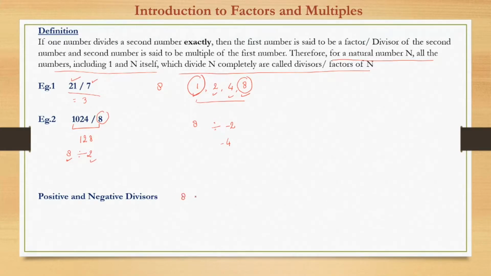In case of 8, we saw factors were 1, 2, 4 and 8. Similarly, there can be factors like minus 1, minus 2, minus 4, minus 8, because these negative numbers also divide 8 completely. Therefore a number can have both positive and negative divisors.